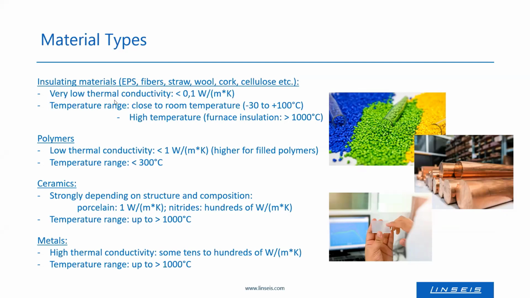And usually the temperature range you are interested in is quite close to room temperature, because most of these materials are used more or less at room temperature. An exception are fiber insulations used in furnaces, for example. Their thermal conductivity has to be known at high temperatures, even exceeding 1000 degrees centigrade.